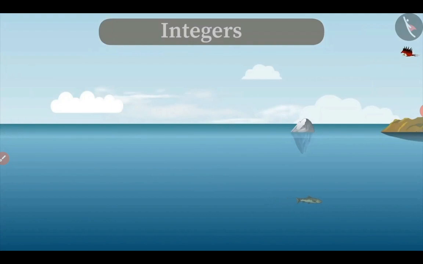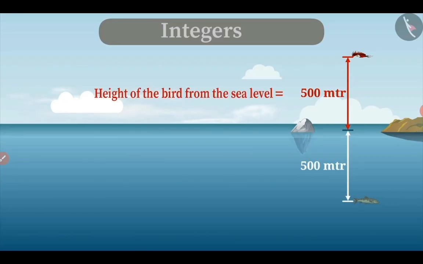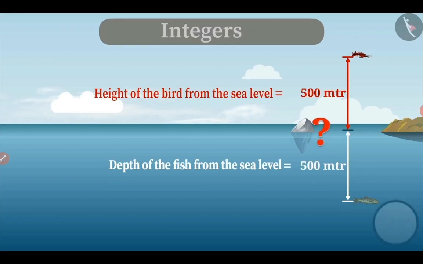Now let's understand why integers are important. Let's understand it with the help of an example. Suppose a bird is flying at a height of 500 meters above sea level and a fish is at a depth of 500 meters below sea level. Can the distance between the bird and the fish with respect to land near the sea be represented mathematically? The height of the bird from the sea level is 500 meters and the depth of the fish from the sea level is 500 meters. But this is an incorrect way to represent their differences because both are situated in opposite directions.